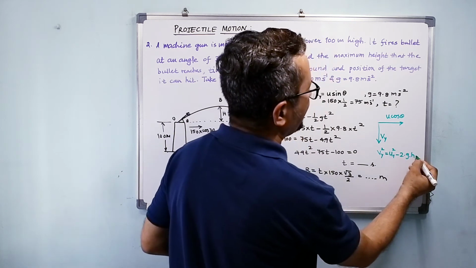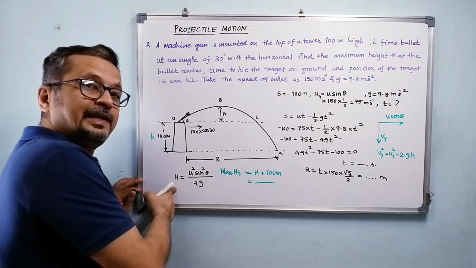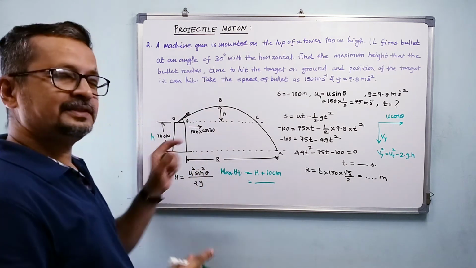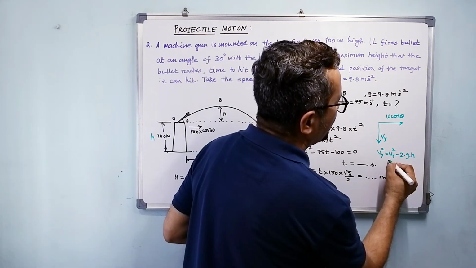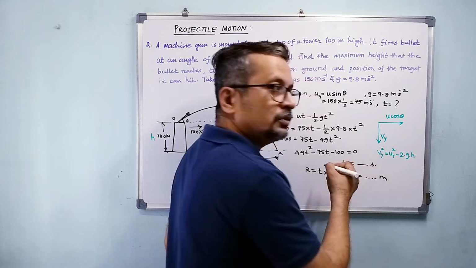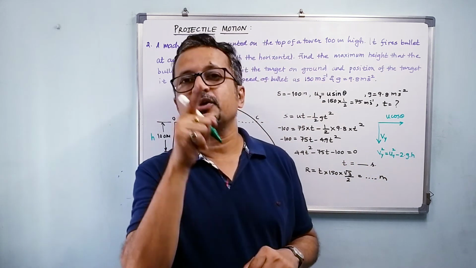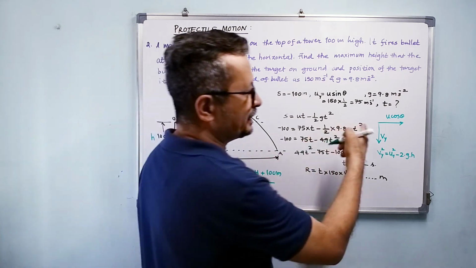I'm calling this small h here. My capital H was my maximum height on that side. Okay, and this 100 meter I'm going to call small h, which I'm going to mention here. And so with this expression, you get the vertical component of velocity of striking the ground, correct?